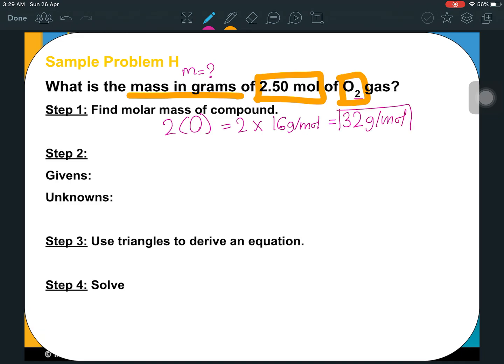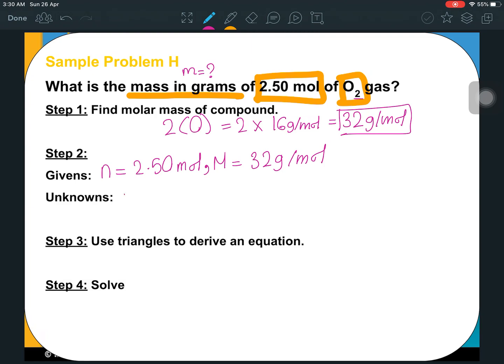I'm not just going to use the 16, because this is not a pure element, this is a compound. Now let's see what I'm given. I know the number of moles from the question, which is 2.50 moles, and I calculated my molar mass, which is 32 grams per mole.